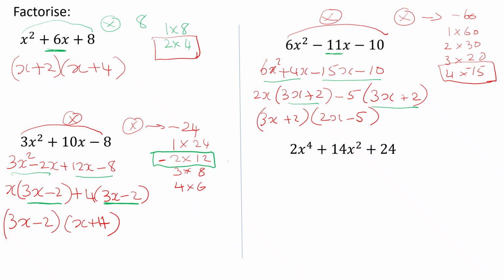Now 2x to the power 4 plus 14x squared plus 24. This expression has x to the power 4, so I'm going to substitute y equals x squared.